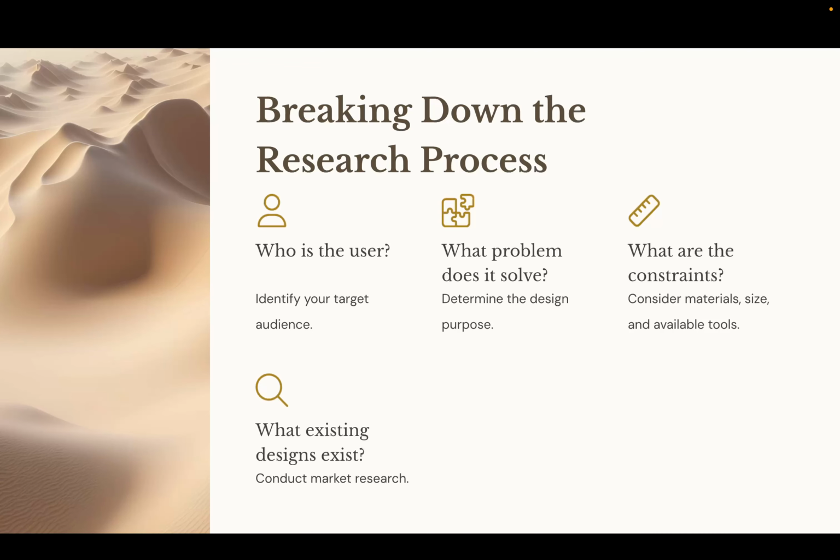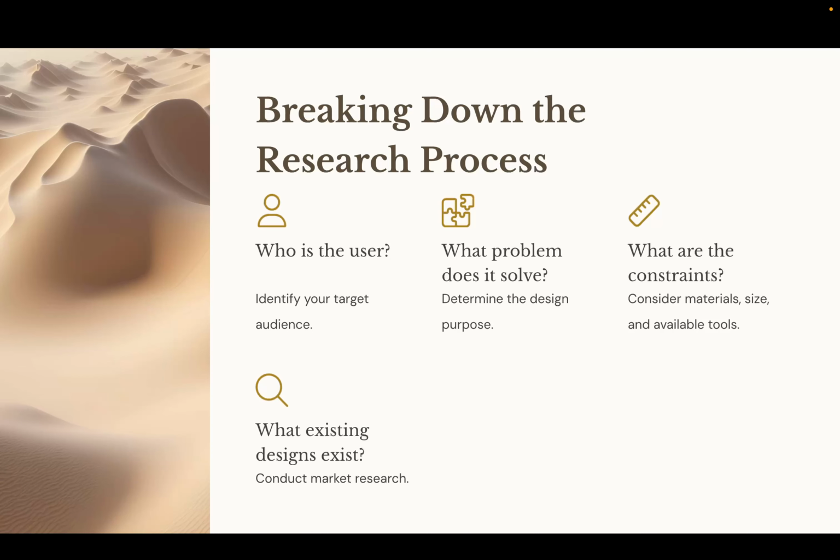Once we have identified the problem, we break down the research process into four key questions. First, who is the user? Identify your target audience. Who will use the product? What problem does it solve? Define the purpose of your design. What are the constraints?